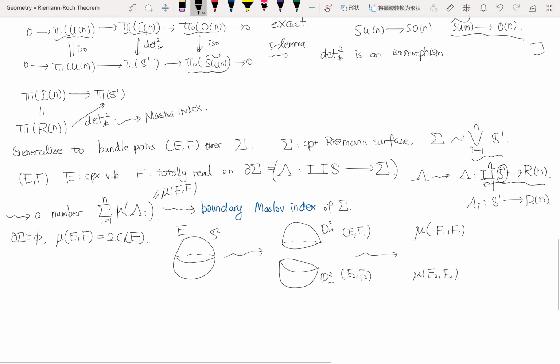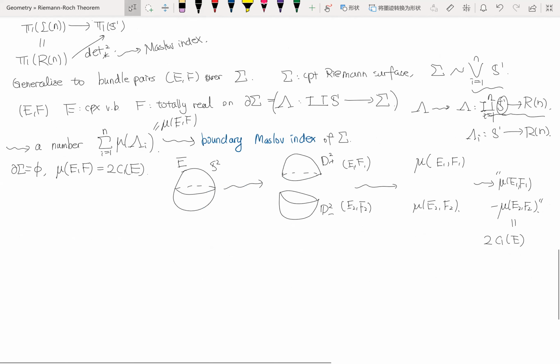When we glue them together, with orientations, we get μ(E1, F1) minus μ(E2, F2), a formal sum, because there are no boundaries, and this will equal twice the first Chern number of E. We will give a proof in the sequel about this fact, but we should impose some very easy Chern-Weil theory.